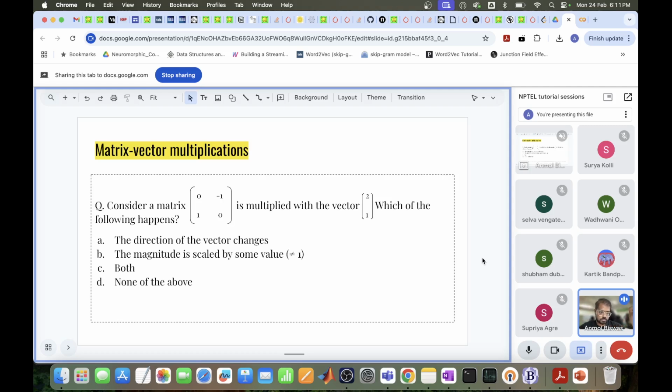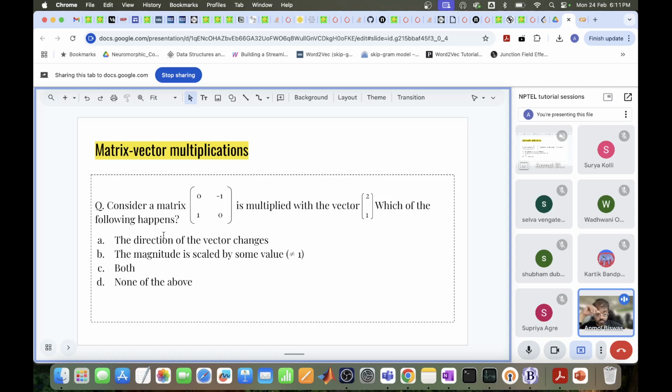Basically, we have a vector initially, then you stretch it or squeeze it by some value, and also at the same time it kind of rotates it around, right? But that is the general case, but in this particular example, only one of these things is happening, right?